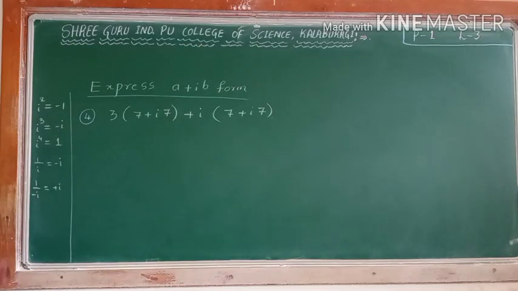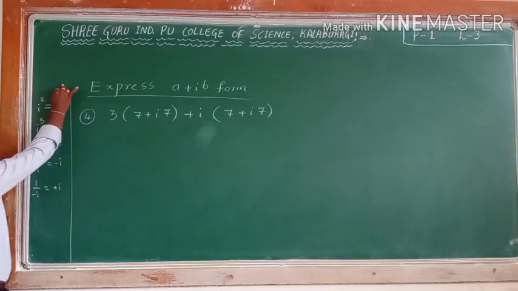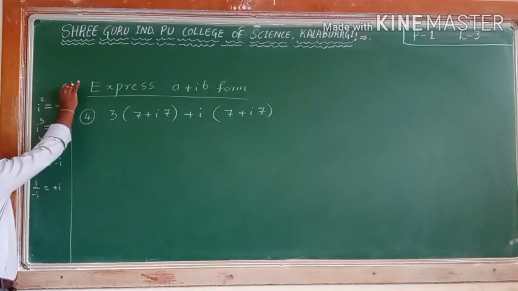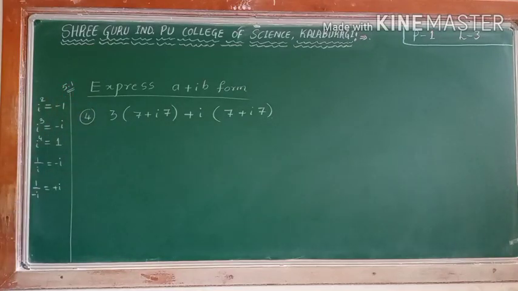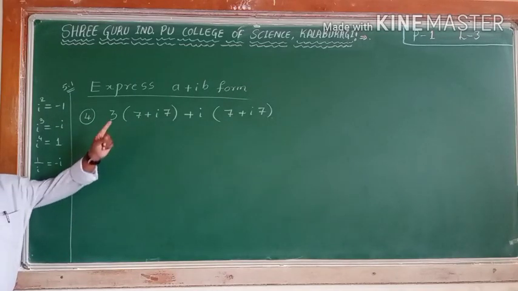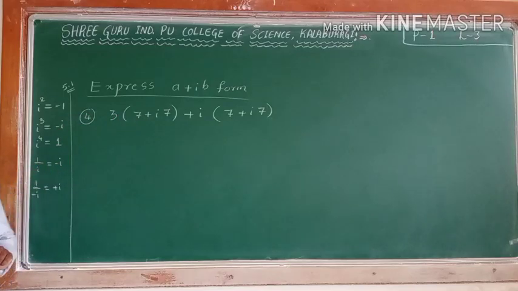Refer to the NCERT textbook, exercise 5.1. Simplify this one and express it in a plus ib form.